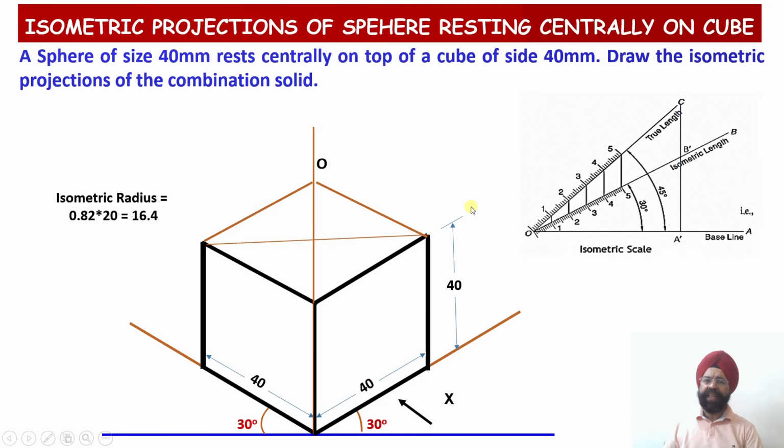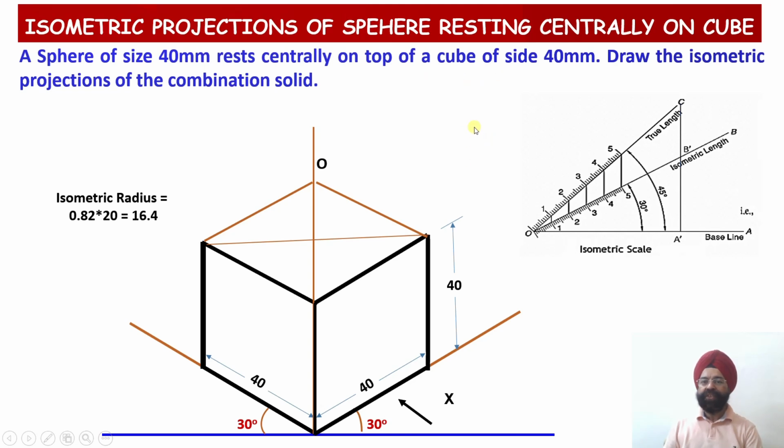Still you will say that the principle of isometric projection you were talking about has not been applied. But one principle is applicable. Please see, what is that? You see, the circle diameter is equal to 40 millimeter. That is fine. The shape has no distortion.